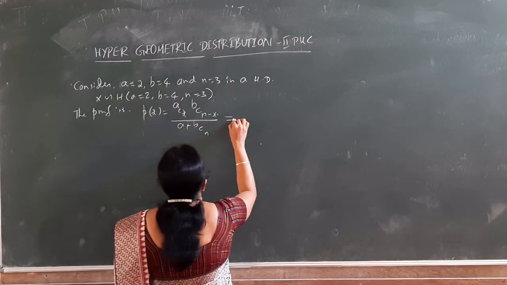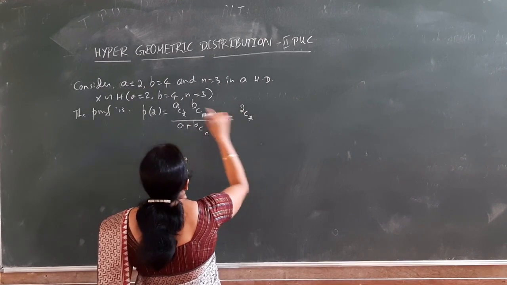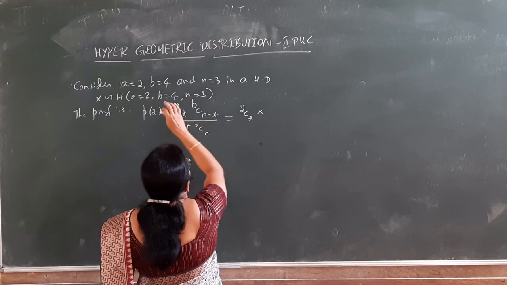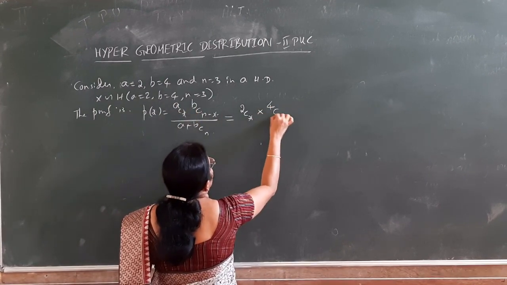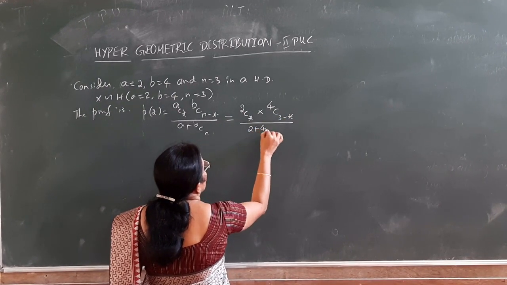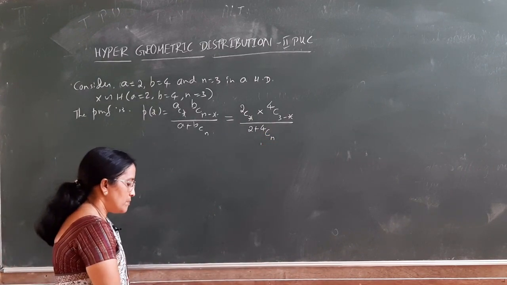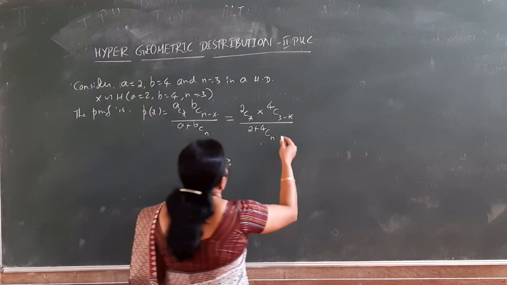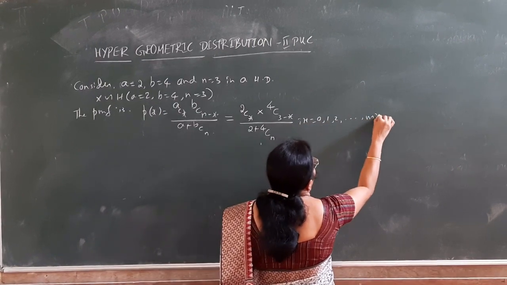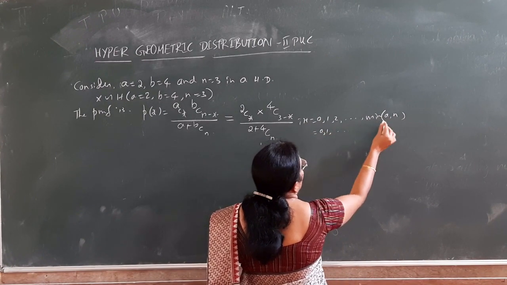Substituting the values of A, B and N, this is 2CX into 4C(3 minus X) divided by (2 plus 4)C3. X is equal to 0, 1, 2 up to minimum of A, N.